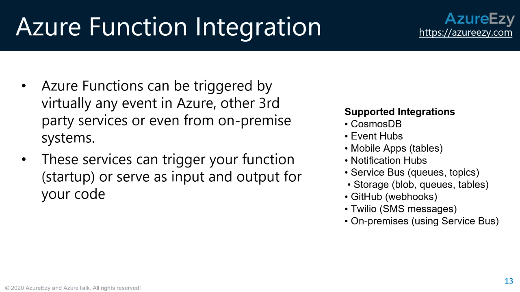What Sanjeev just said, nano code, I mean nano functions. Very small things. You just want to run it as and when something happens, and that's where Azure Function comes into the picture. You can use all these supported integrations, and the list is really long. Azure supports almost all the possible integrations that can be a type of trigger for your code.